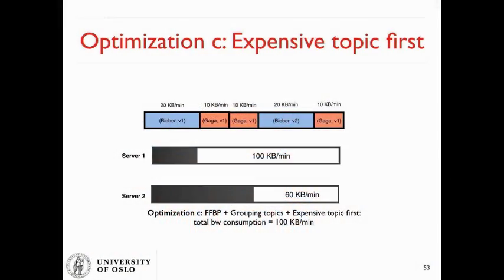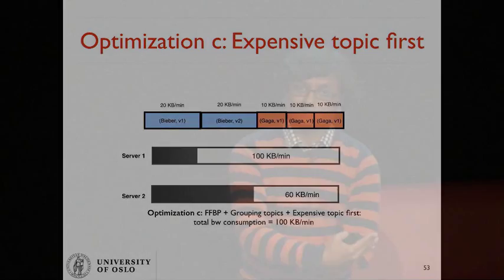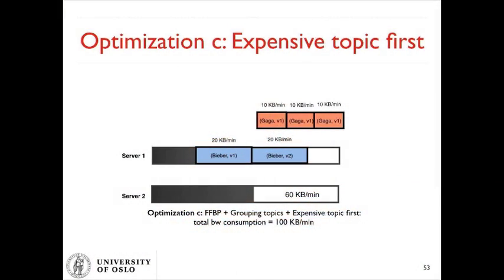So we introduce more optimizations where we order the topics in decreasing order of cost, consider the most expensive topics first, and also consider the most available servers first, and allocate the topics to those most available servers.